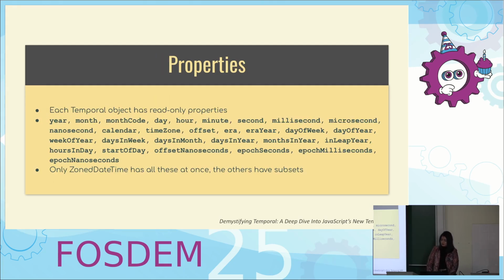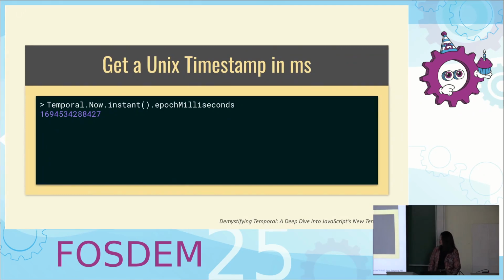Each Temporal object has a few read-only properties, and this is the set of all the properties. Not all Temporal objects have all these properties. Only ZonedDateTime has all of them. Every other object has a subset of these. For example, year doesn't exist in the Temporal types without a calendar. Okay, so combining all of that information, this is how we would get the epoch milliseconds, the Unix timestamp, using Temporal.